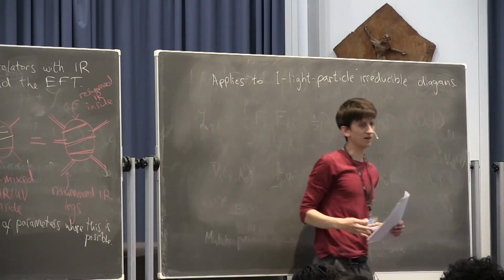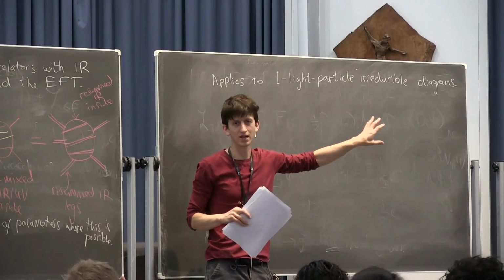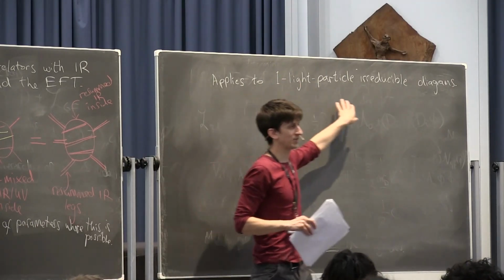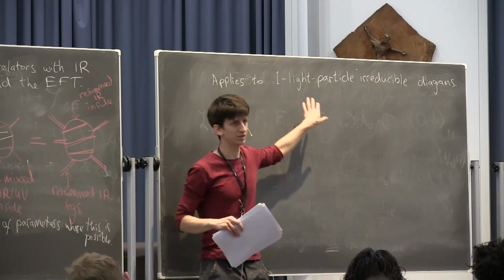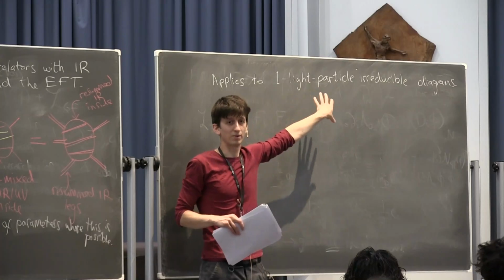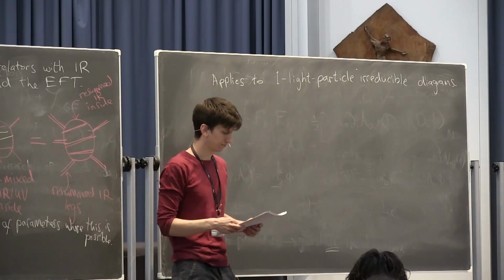These are diagrams that are irreducible in terms of the light particles, but maybe reducible in terms of the heavy particles. Fortunately, this set of diagrams is sufficient to generate all diagrams in the infrared theory. So this, in practice, does apply to all possible observables which are purely infrared.